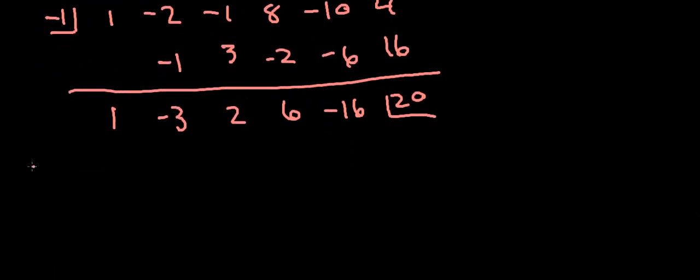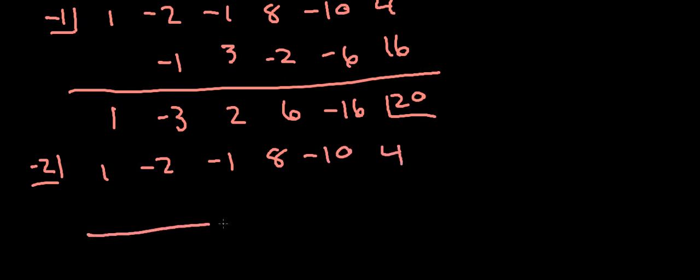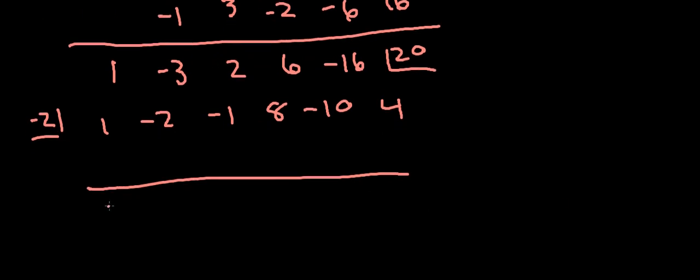Let's move on to minus 2. Same equation. One, minus 2, minus 2, minus 4. This is going to give us positive 8. Minus 1, this is going to give us 7.